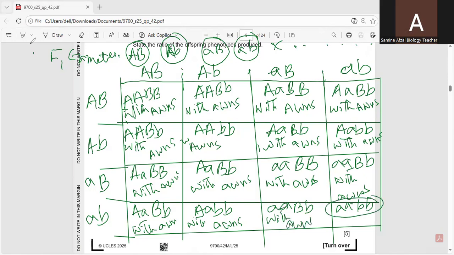Now you can see this one, where all small letters are there. It means it will be with no awns. So out of 16, there is only one which is without awns.